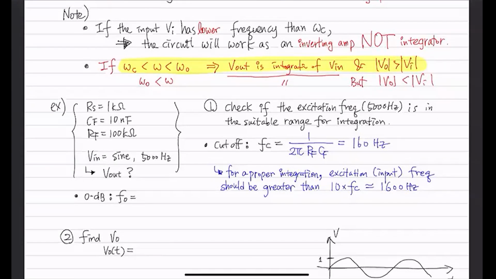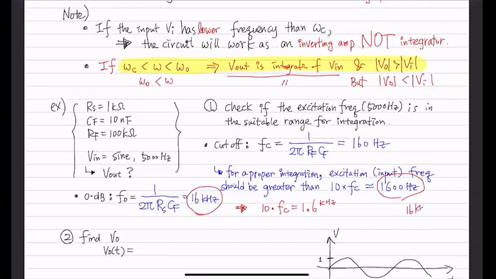And let's check what the 0 dB frequency is. The 0 dB frequency in hertz is 1 over 2 pi RS CF, and if you do the math, that is 16 kilohertz. So we got 16 kilohertz, and this is 1.6 kilohertz, right? So 10 times FC was 1.6 kilohertz, right?